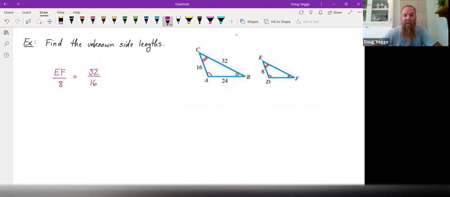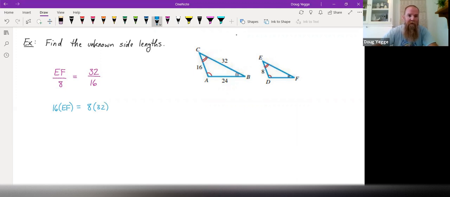You could simplify this in order to have the same denominator as the left side. But more specifically, we would typically just cross multiply. We would recognize that EF times 16 should equal 32 times 8. So let's set that up. That means that 16 times side EF is going to equal 8 times 32.